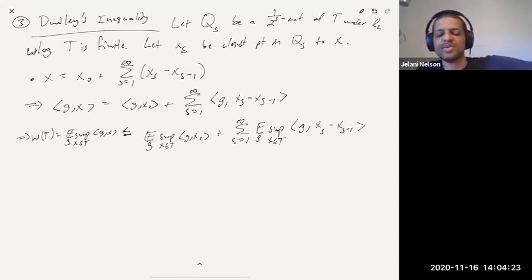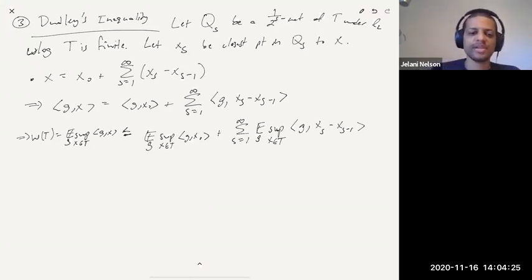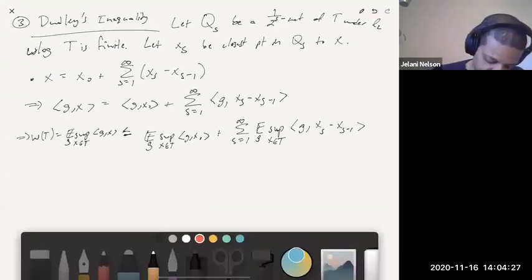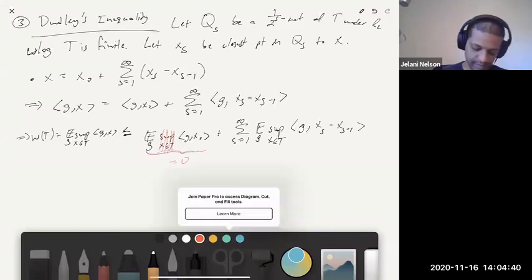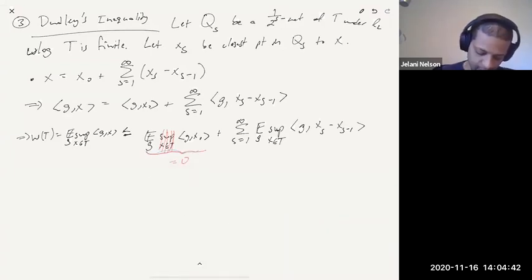The point 0 is always within 1 of everything. So that means there's really no sup here, because there's only a single x0, which is 0. So this whole thing is just 0.